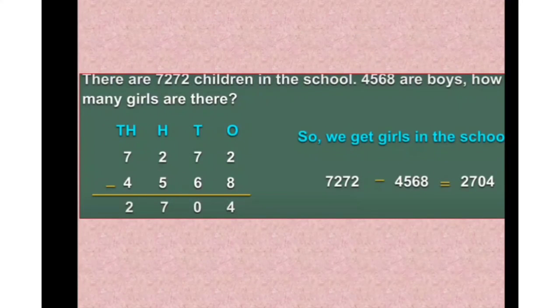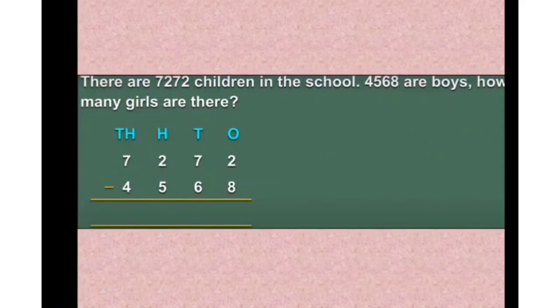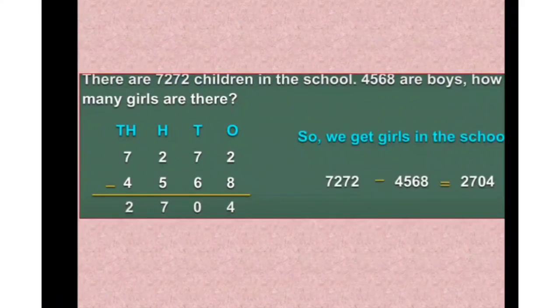In the thousands place, 6 is left. So 6 minus 4 is equal to 2. So we can say that there are 2,704 girls.